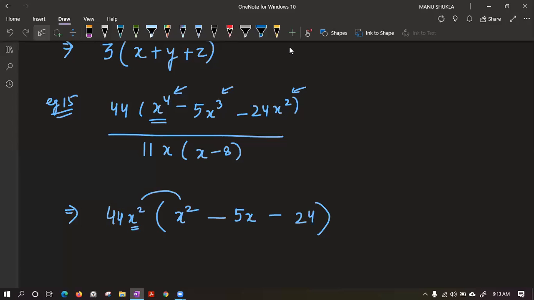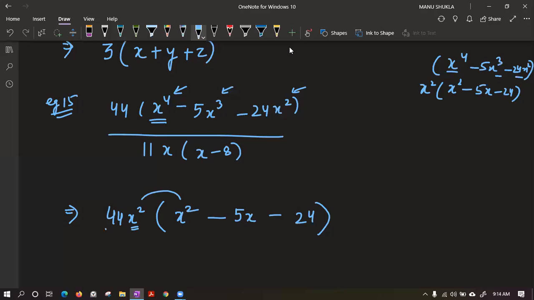Sir, how will x square come with 44? Beta, Saurabh, x square I have taken common. See, we had x power 4 minus 5x cube minus 24x square. Out of this, I have taken x square outside. That's why it came out like this.